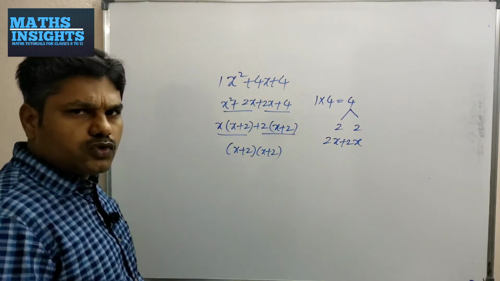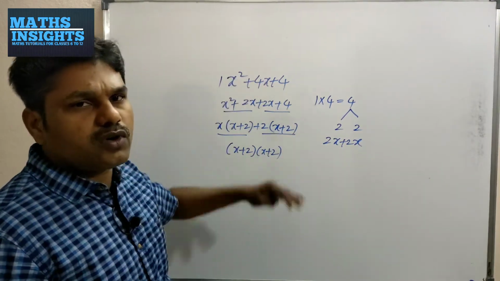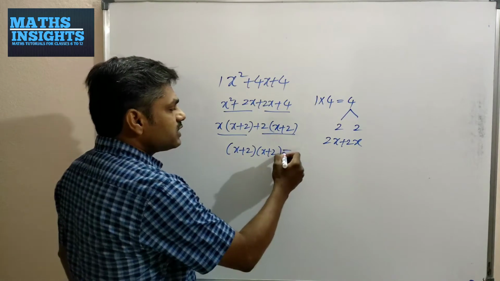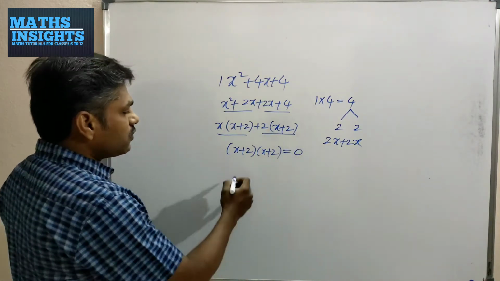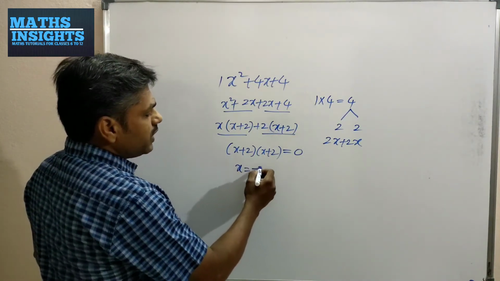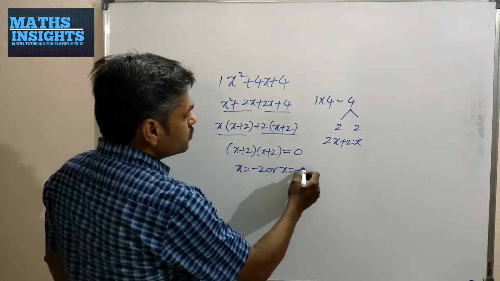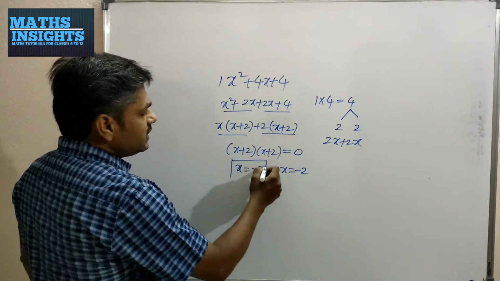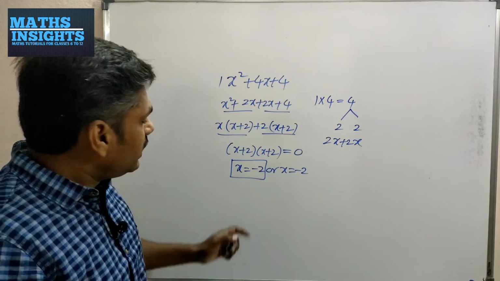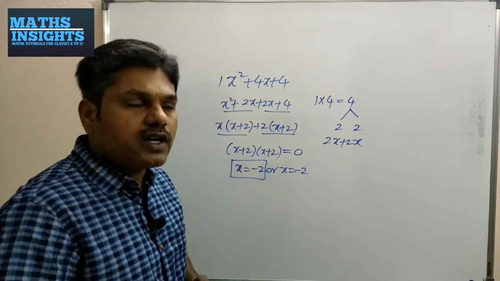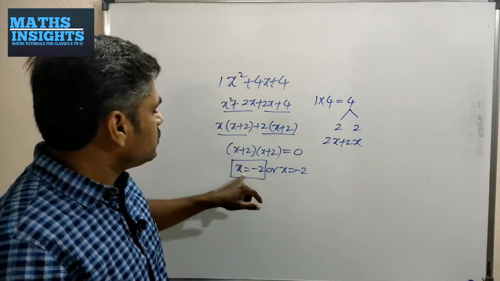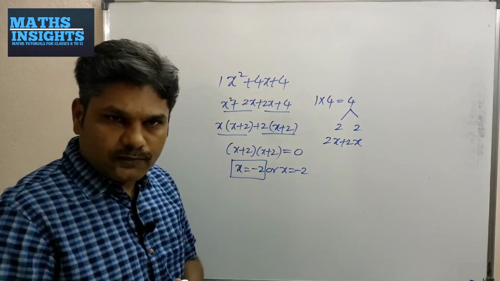If you want to make the value of this polynomial 0, you have to make it equal to 0. Therefore x equals minus 2 or x equals minus 2. That means this is the zero. It is repeating. A quadratic polynomial will have 2 zeros and this is repeating.